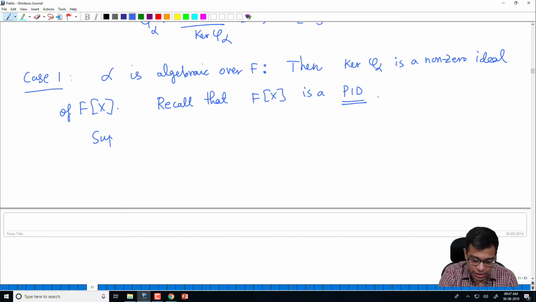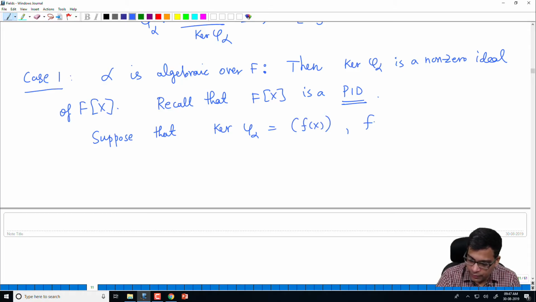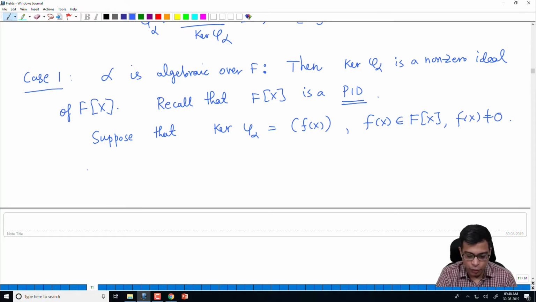So suppose that the kernel of phi alpha is generated by f(x), where f(x) is a non-zero polynomial in F[x].